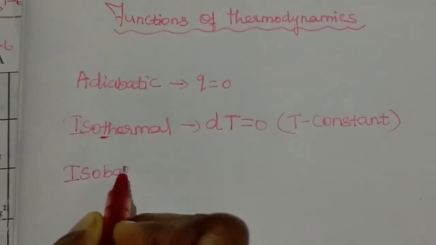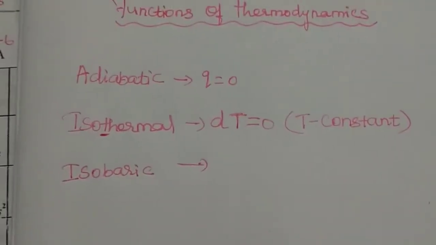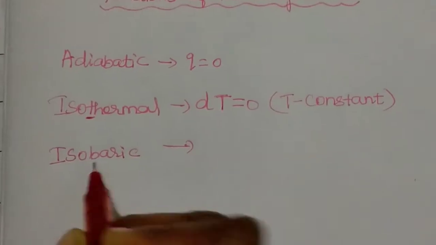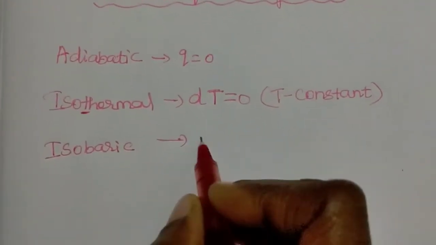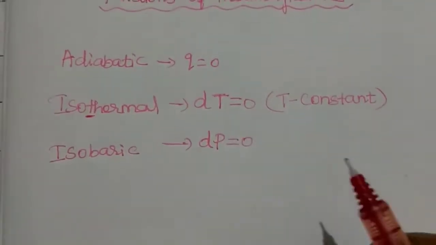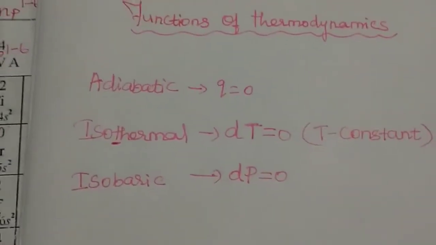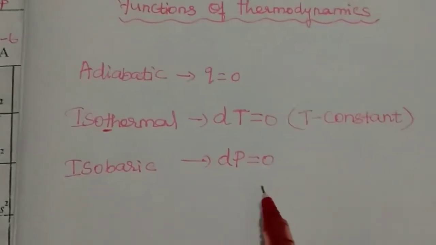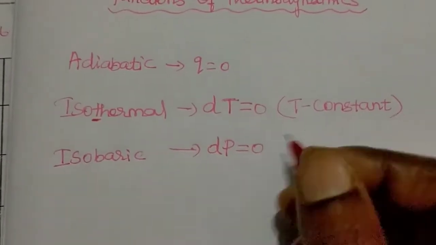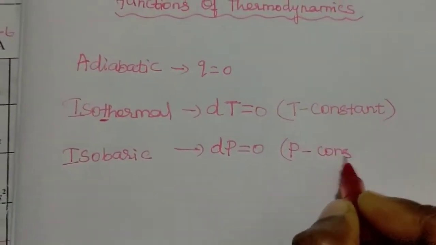Then what is the next one? Isobaric. What is the condition for isobaric process? For isobaric process, pressure is constant. So the difference in pressure is always 0. If a reaction has the difference in pressure equal to 0, then that reaction is known as an isobaric reaction.